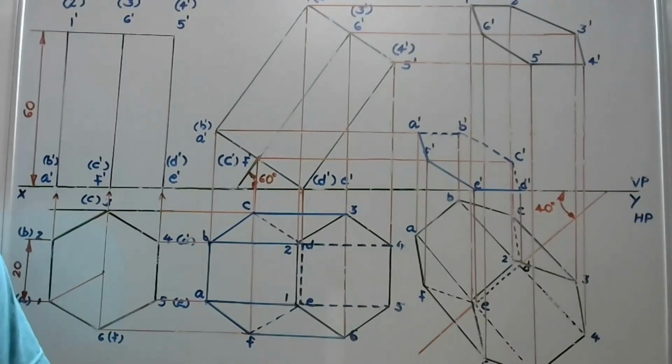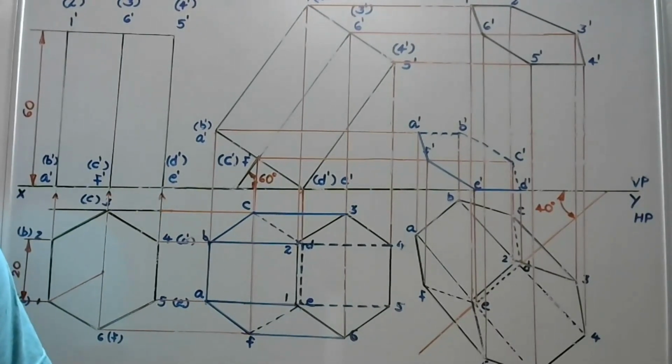So on BC, we have B dash A dash base edge, B dash C dash base edge, C dash D dash base edge. So these 3 base edges are invisible. And the vertical edges B dash 2 dash and C dash 3 dash. Once again, vertical edges of the solid B dash 2 dash and C dash 3 dash are invisible in the front view. So complete the front view.